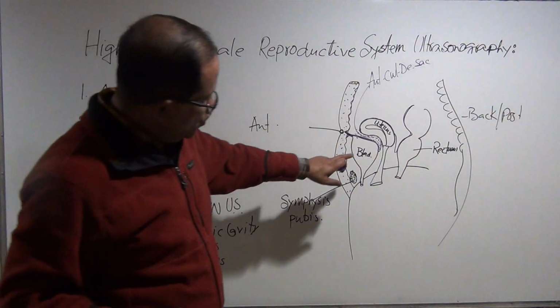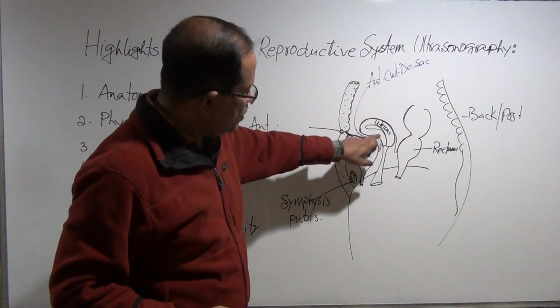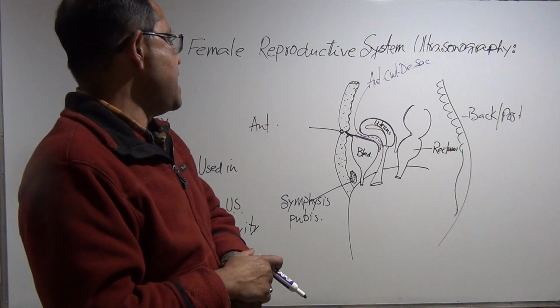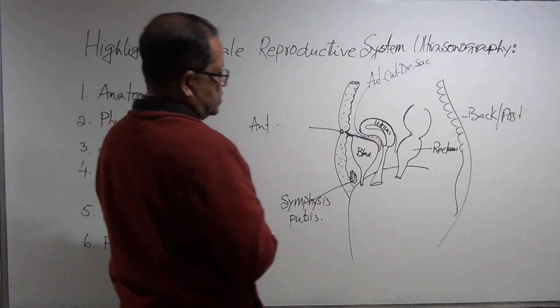And it is also known as vesico-uterine pouch because it is between the bladder and the uterus.